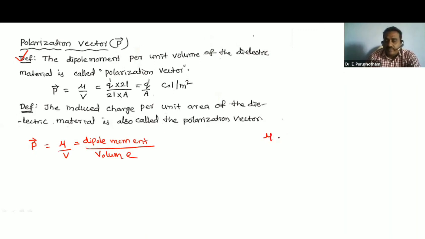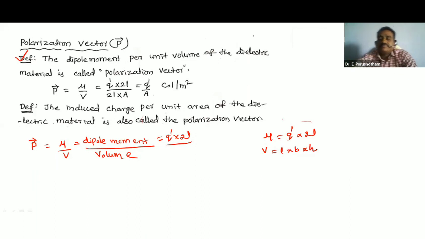You know very well mu is equal to Q into 2L, or induced charge Q dash into 2L. I am substituting as it is, Q dash into 2L, all divided by volume. You know very well volume is length into breadth into height.